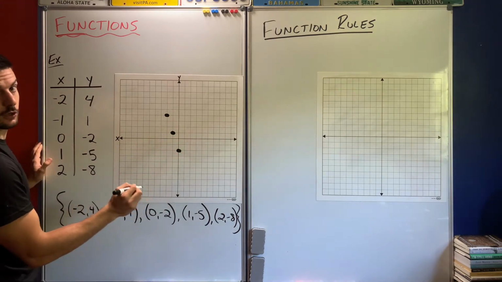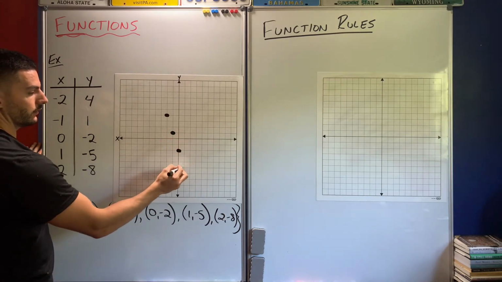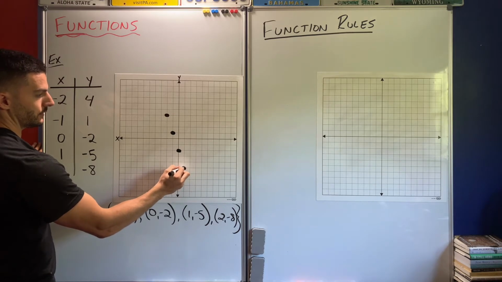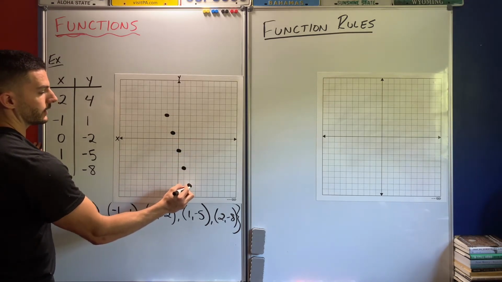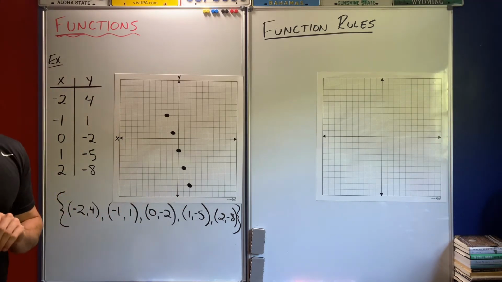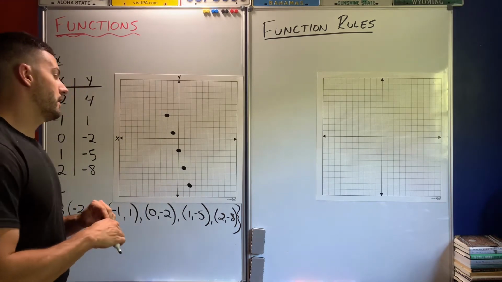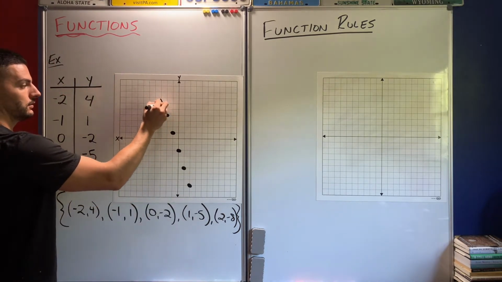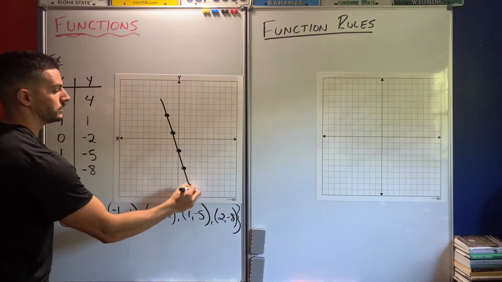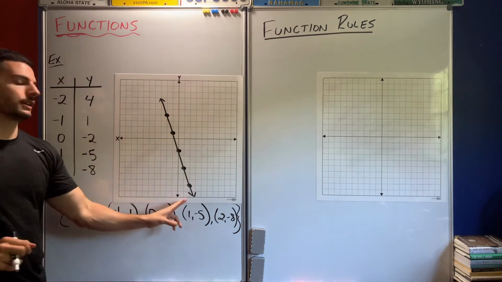And as I graph these, hopefully you're noticing a bit of a pattern. 1, -5, and 2, -8. If you look at this graph, I hope you see that there is a pattern. If I played connect the dots with these, it would form a straight line.